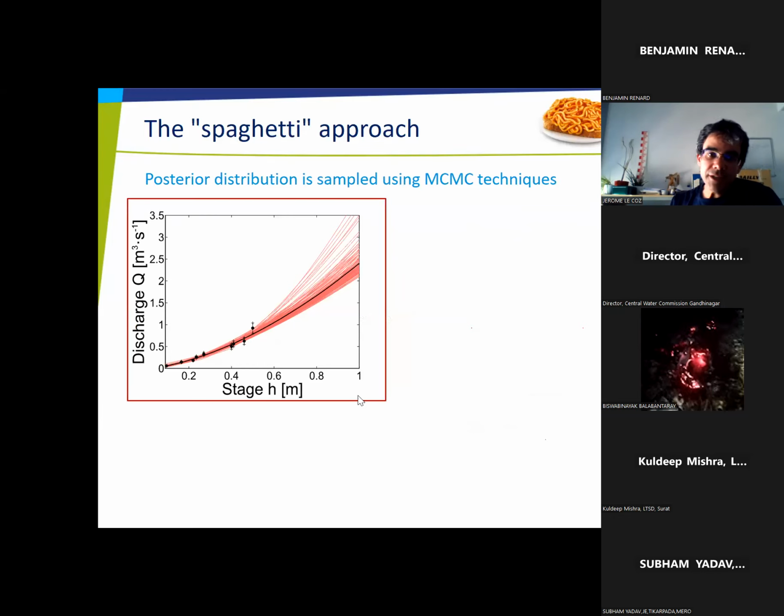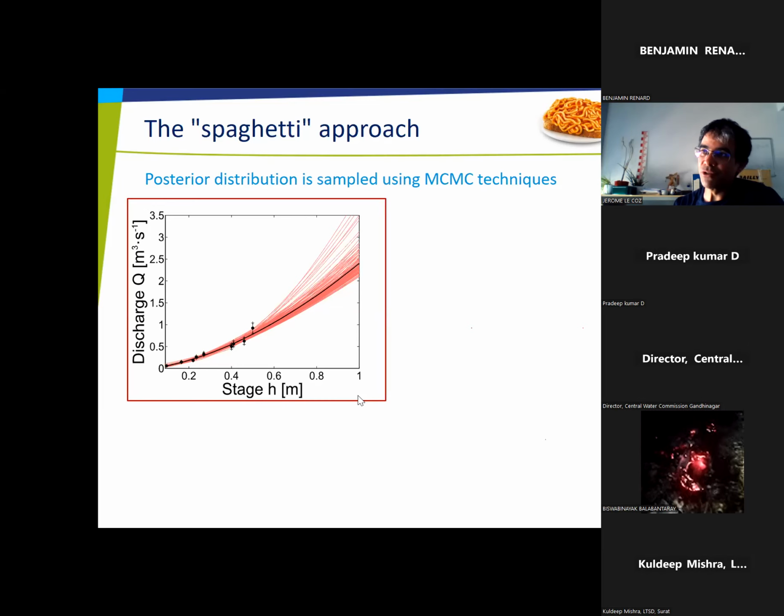So as we sample 500 or several thousands of parameters, we are able to draw and to plot the same number of rating curves. Sometimes we refer to this as the spaghetti approach, because this bunch of rating curves resembles spaghetti.